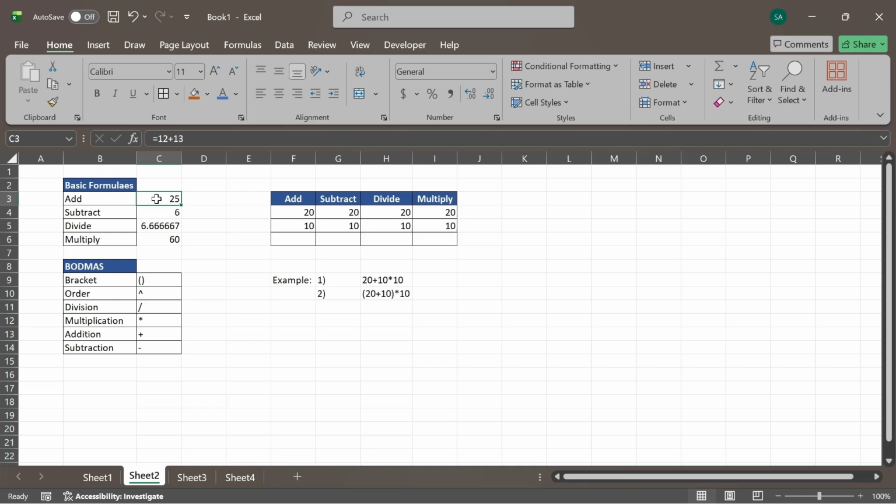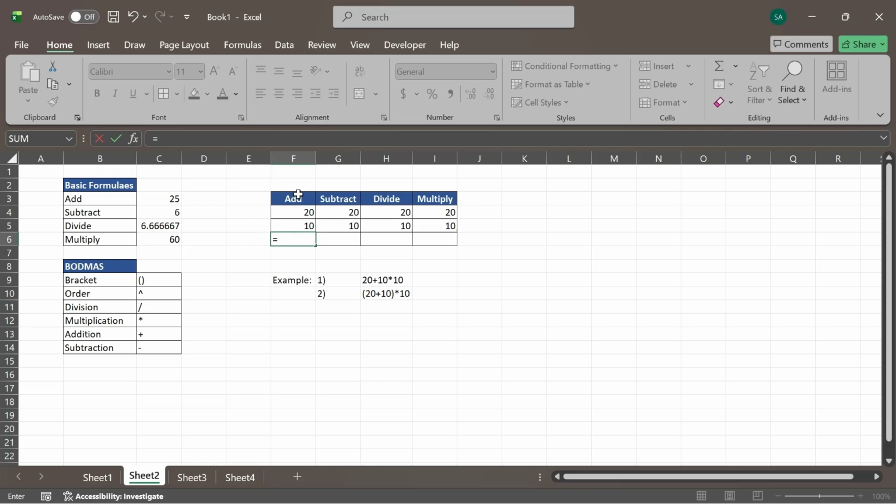Now here we manually define the numbers. Now let's say if I have some data and we have to operate on those data values here, then I will start the formula with equal to sign. Now here, instead of giving the manual values, I will select these cells.